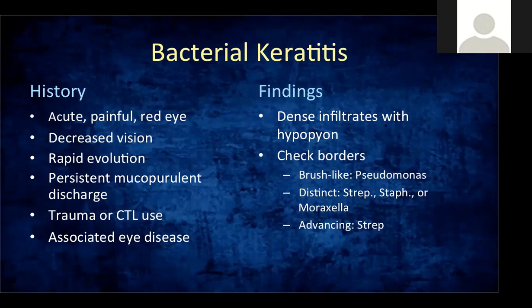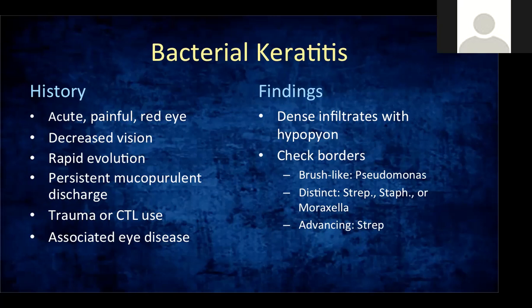When you see these patients, I'll show you photos later on. They have very, very dense infiltrates. They can have hypopyon. This is a collection of pus inside the anterior chamber. For us ophthalmologists, if we don't have the luxury of a gram stain or a culture, we check the borders because sometimes it gives us an idea as to what the etiology is.